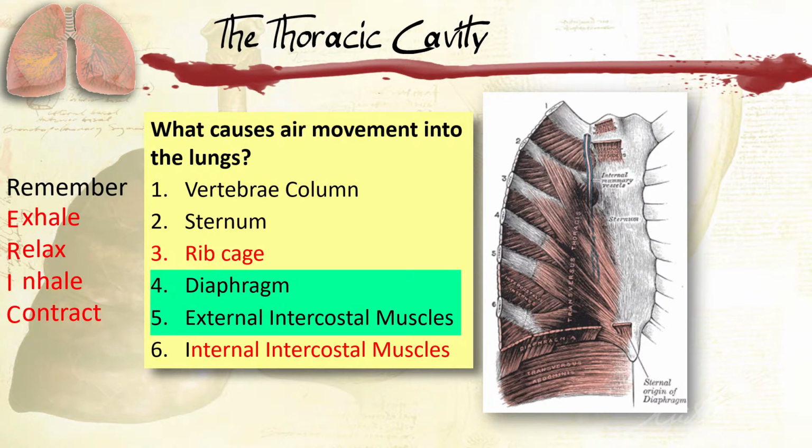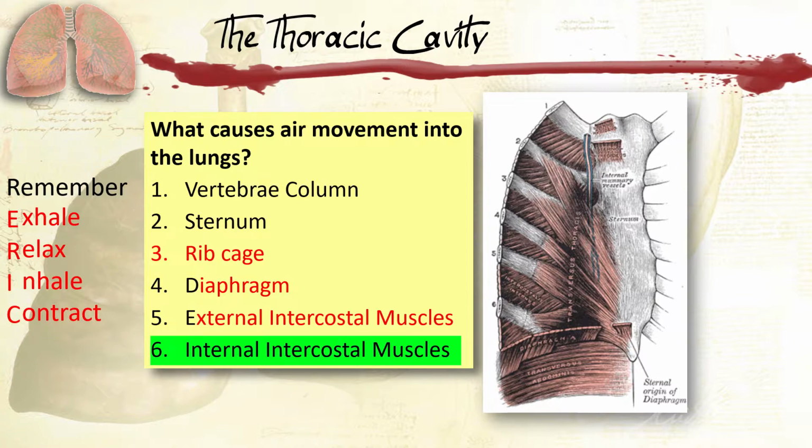So diaphragm and external intercostal muscle, they contract and relax at the same time. When the diaphragm relaxes, the external intercostal muscle will also relax. When the diaphragm contracts, the external intercostal muscle will also contract. So the D and the E contract and relax at the same time, while the internal intercostal muscle is an antagonistic muscle to the external intercostal muscle.